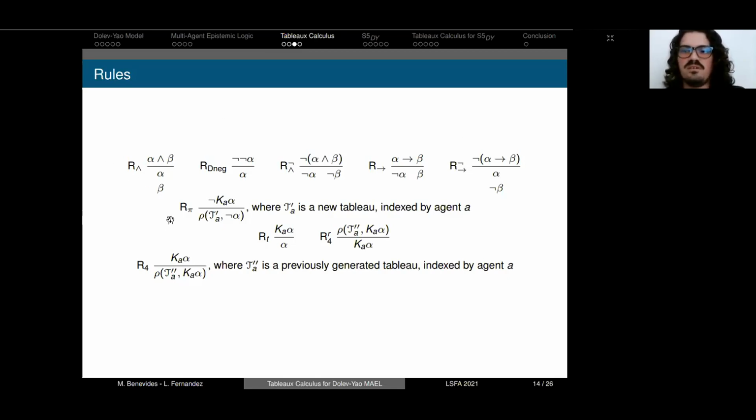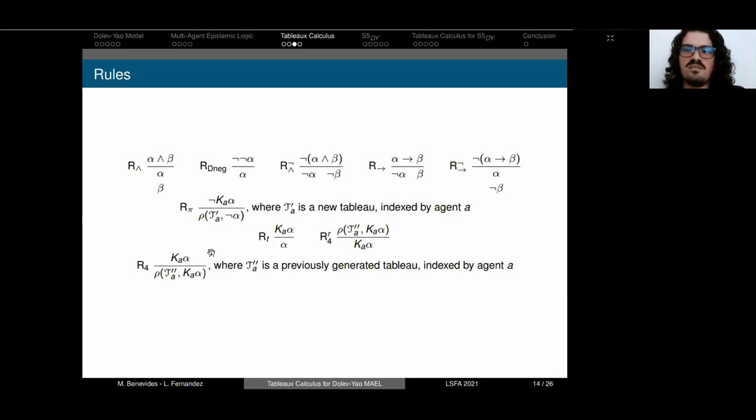And we have the rule pi for the pi formulas, from possibility. So we add not alpha in a new tableau indexed by agent A, and this rule operator is responsible for creating a new tableau or just adding the formula to the tableau specified by the prefix. Rule P will eliminate the knowledge operator.